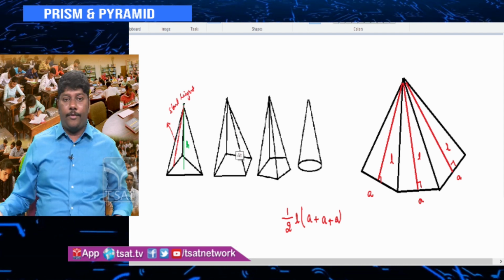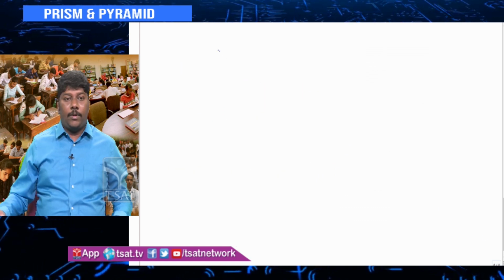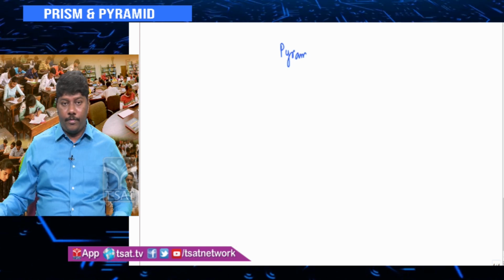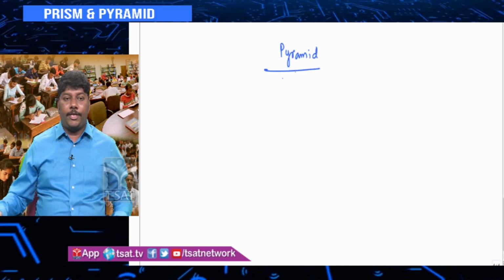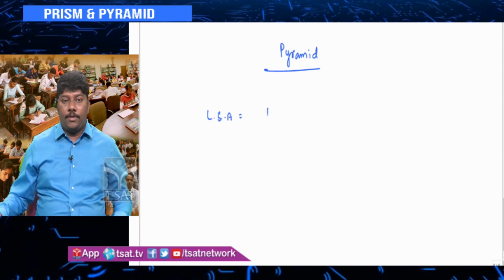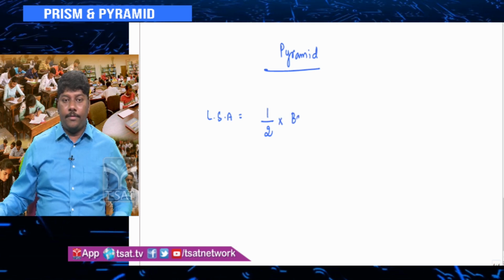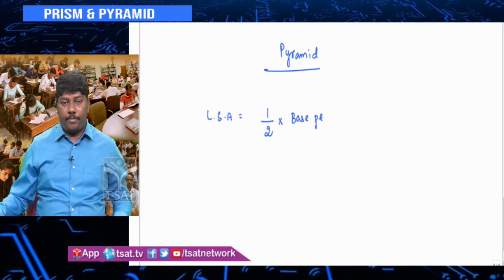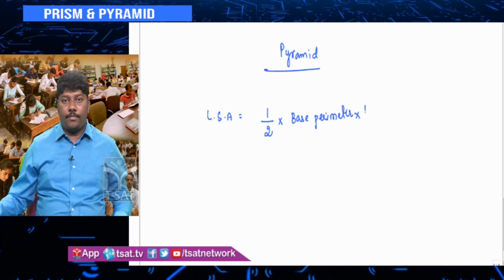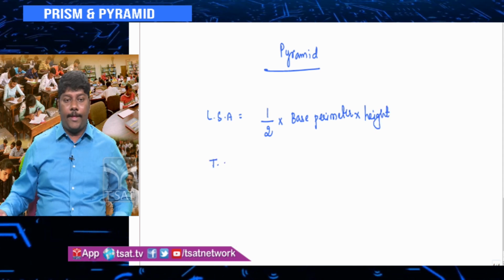So, let us look at the formulas. These are the formulas of the prism. Now, look at the pyramid. We have already seen the explanation. So, lateral surface area is, as you know, half of base perimeter into height. How do I find the total surface area?